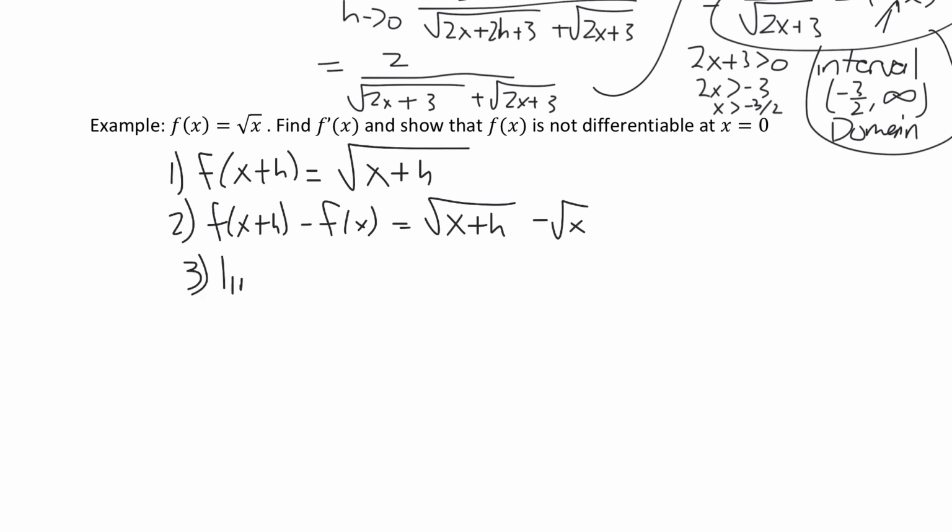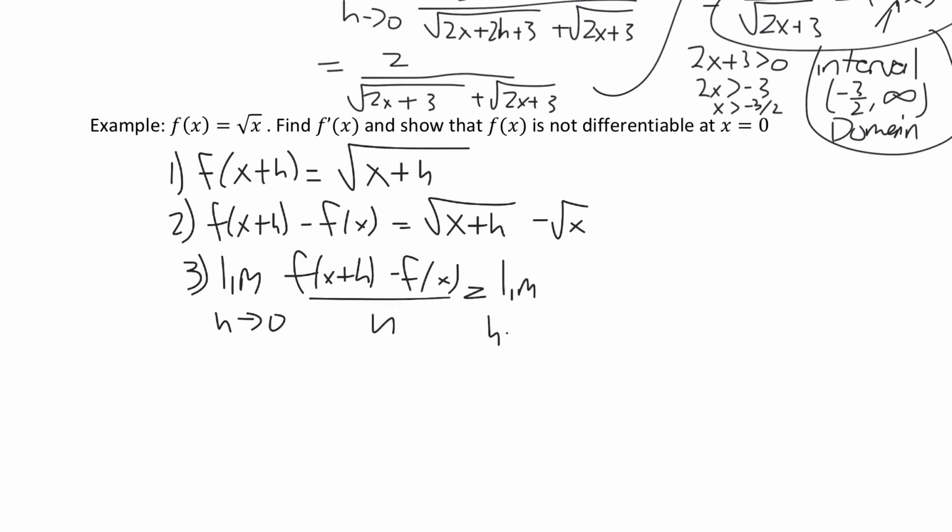And then we go ahead and do the limit as h approaches 0 of f(x plus h) minus f(x) over h. So the limit as h approaches 0 of root x plus h minus root x over h. Again, if you were to plug this in, you'd get root x minus root x over 0. So this is 0 over 0. We have to do more work, and we should probably do some rationalization.